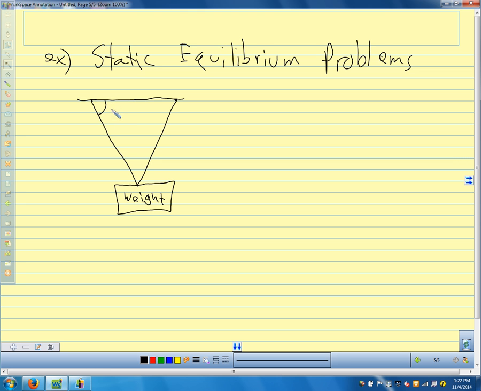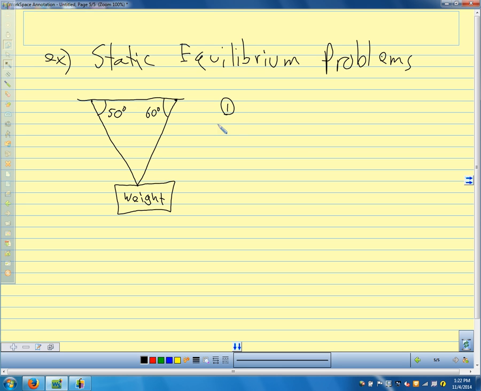So let's say this is 50 degrees and that angle is 60 degrees, for example. So all of these problems you're going to set up the same way. It might not be these angles, it might be some other angles, but they're essentially the same.